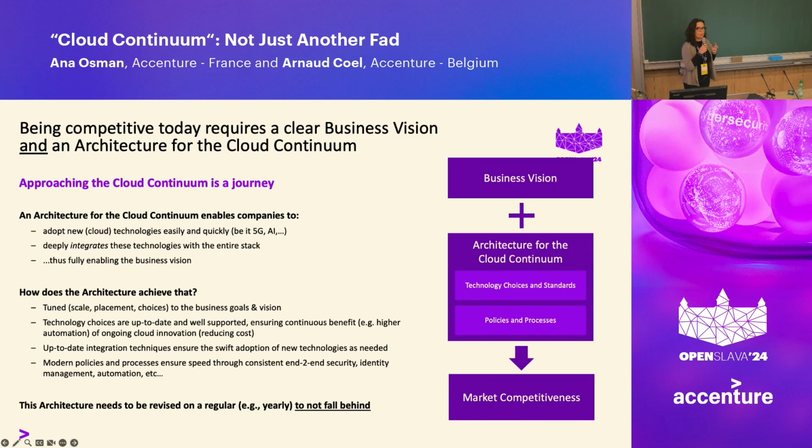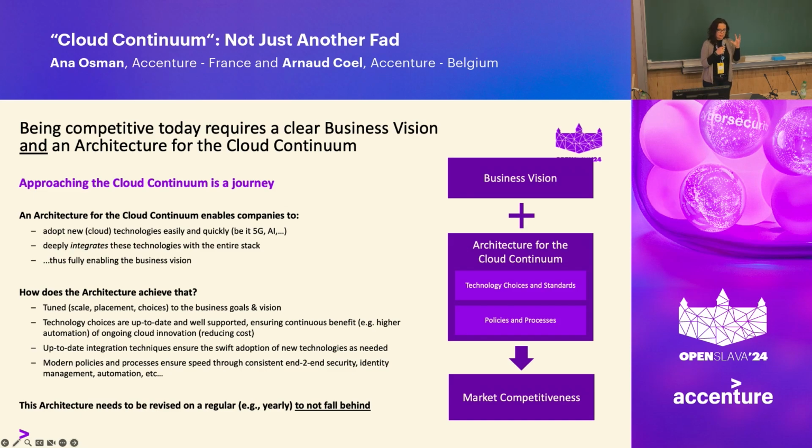And for technology to be able to adapt, you need to help it adapt. So that means that the architecture of your technical landscape needs to follow at all times your business vision. You have the business vision, you know what you want to do at the business level, and technology needs to be there ready to help you achieve that.